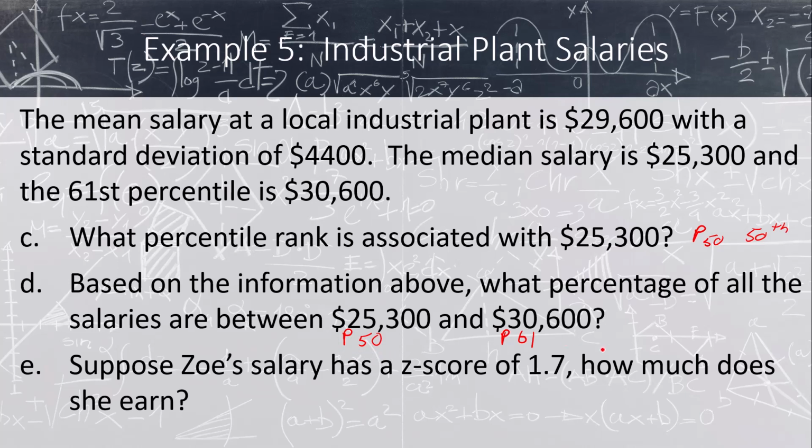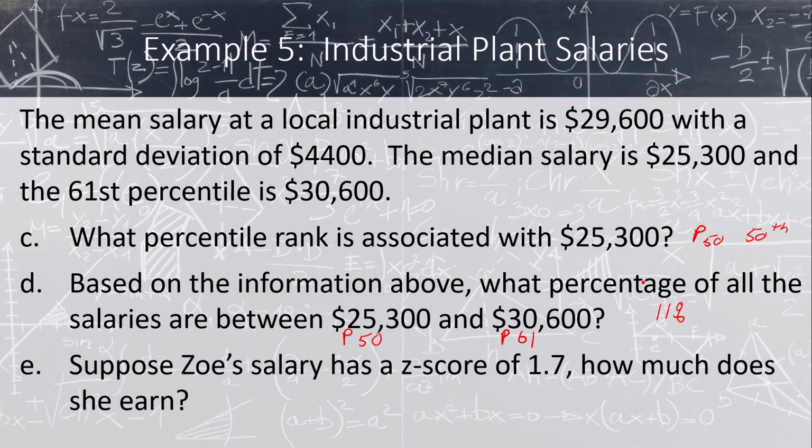Okay? So the percentage of all the salaries that are between 25,300 and 30,600 is going to be the difference between 61 and 50. 11% of all the salaries lie between 25,300 and 30,600. That's basically P61 minus P50. You have 11% left.